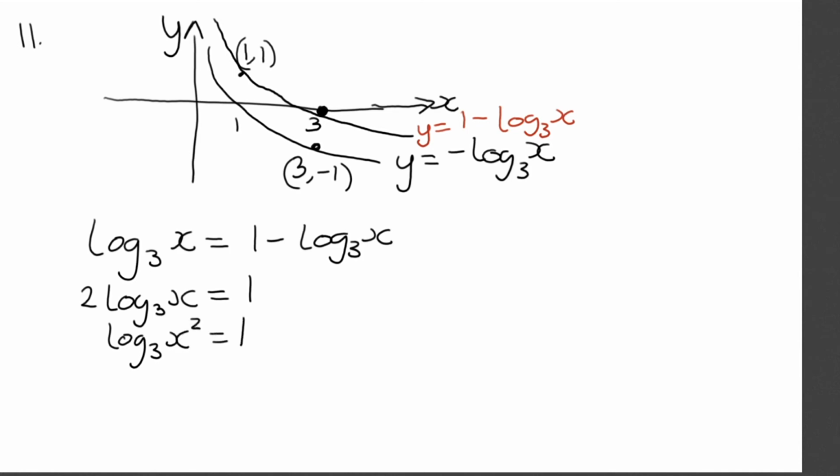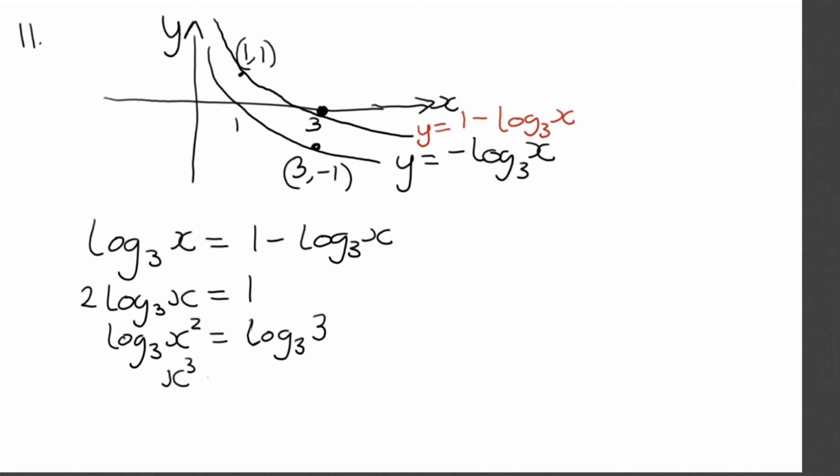And where the 1 is, I'm going to replace that with 1 log 3 to the base 3. So the 1, if the 1's there, you can just bring it up as a power and then remove it. But 3 to the power 1 is just 3, so I'm going to rub out that power. Now you can just put x squared equal to 3.